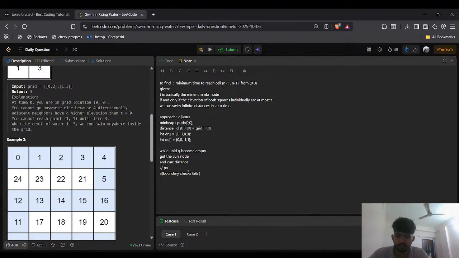Suppose we are on the parent node, which is 0, and we have adjacent nodes 1, 23, 24, and we will choose the minimum from these 3 nodes. That will be 1.